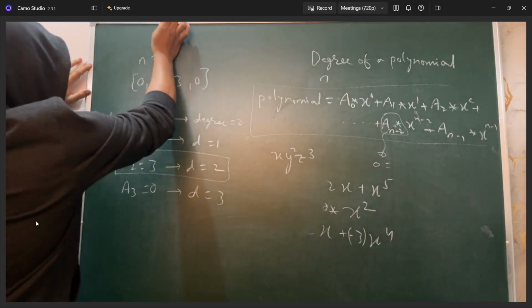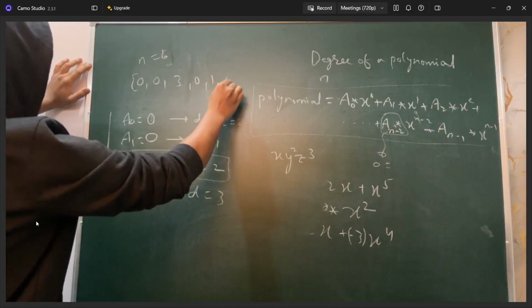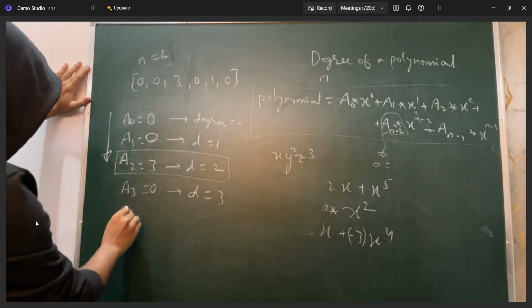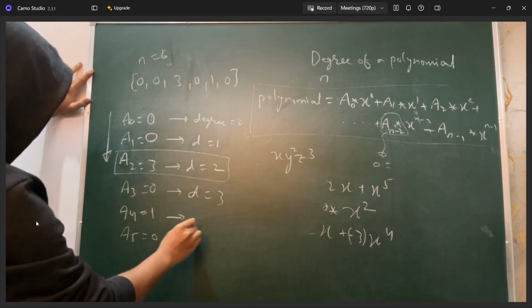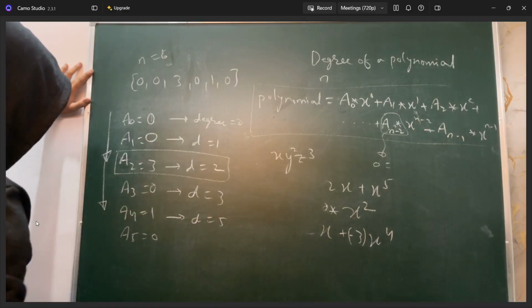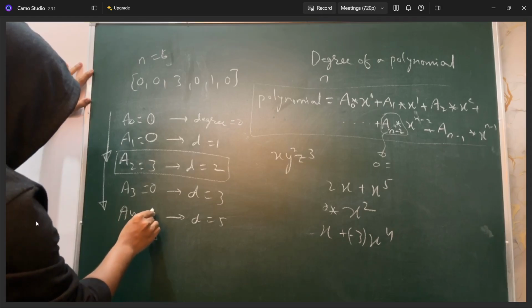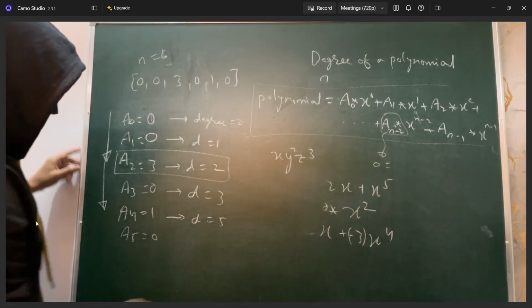So now let's say you have n as 6, you have 1 and then 0, right, the coefficient. So a4 is 1 and a5 is 0. Here your degree is 5 when you're moving from lowest degree to highest degree. So at a4 you will find that you have a non-zero coefficient, which means this degree is valid.